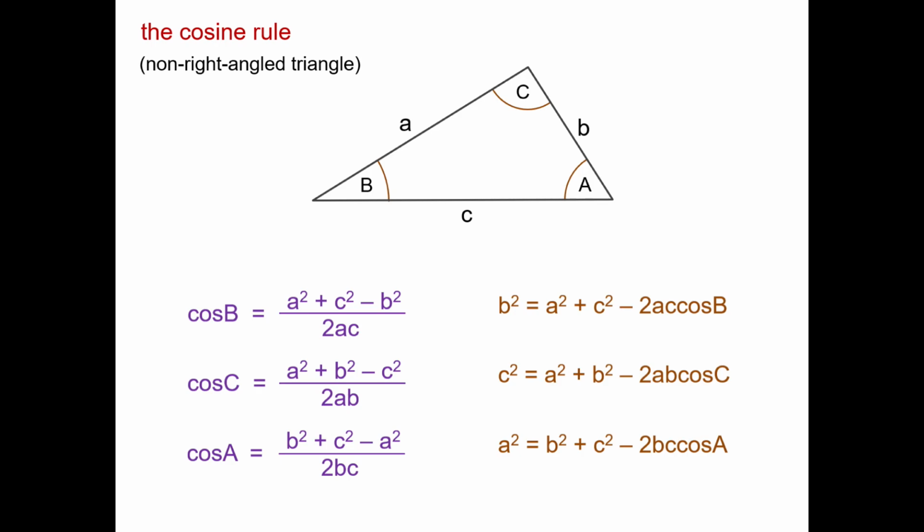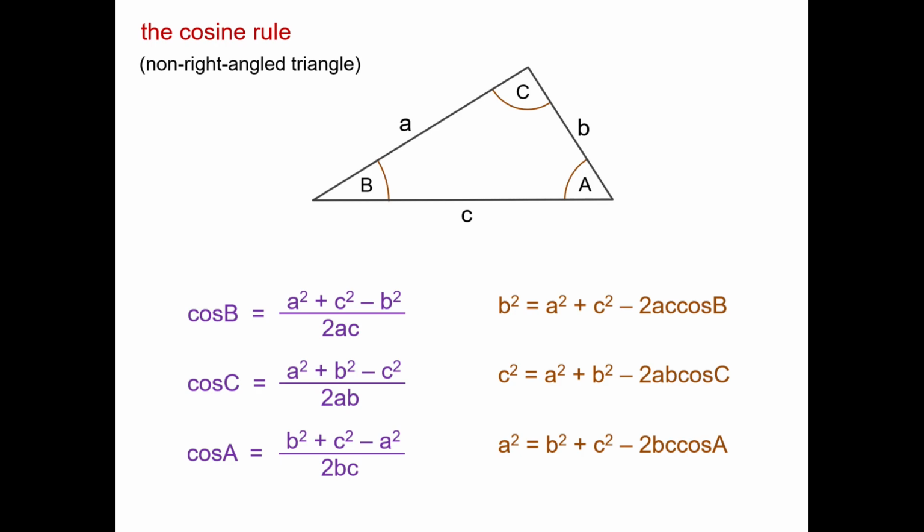The angle, which is always the capital letter, is going to be capital A, B or C, and the side literally opposite that angle is going to be the lowercase of the same letter. So capital A will have small a opposite, capital C will have small c opposite, and so on. That's the first thing you want to do: label your triangle, and that's the one rule you have to follow.